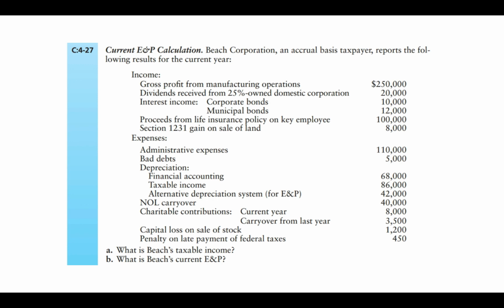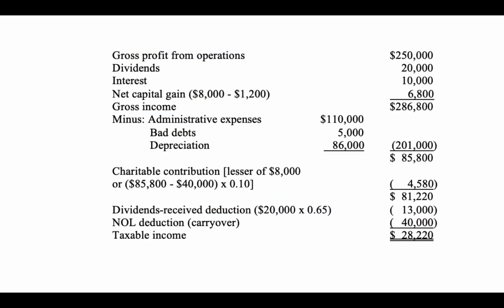We know we had a limit on that penalty on late payment of federal taxes. That was not included. We did not get to deduct all of our charitable contribution. All right, and also the proceeds from life insurance. We didn't include that in our income.